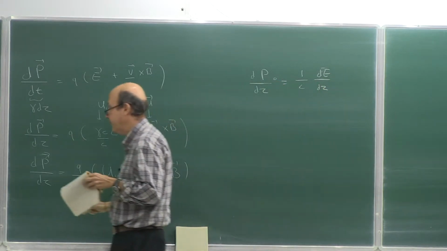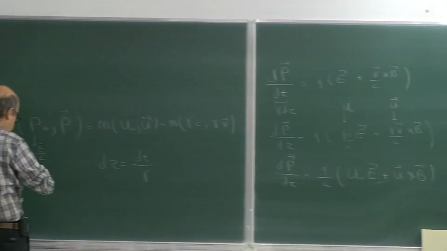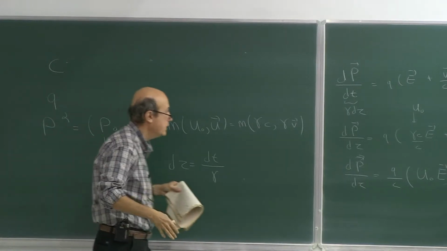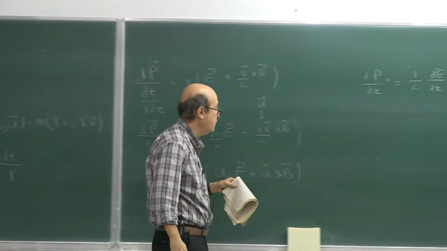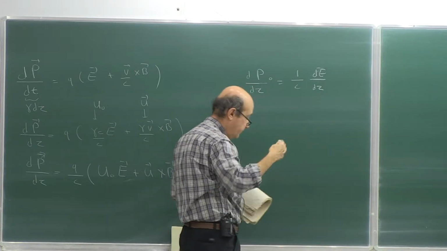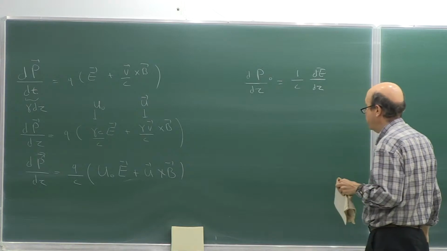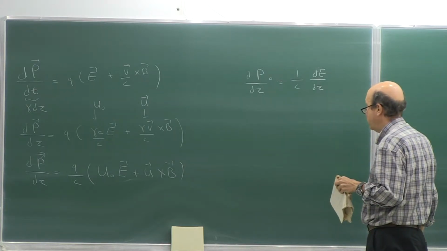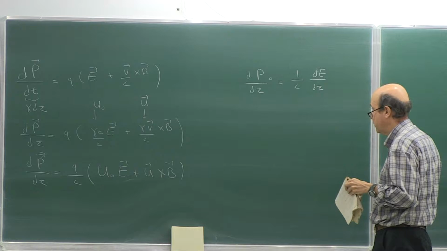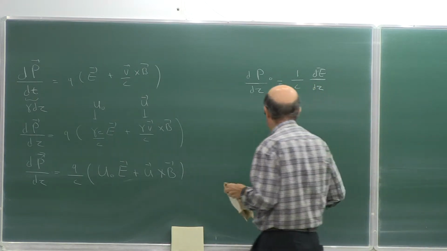This is the derivative of the time coordinate of the four-momentum, E over c, with respect to the proper time.